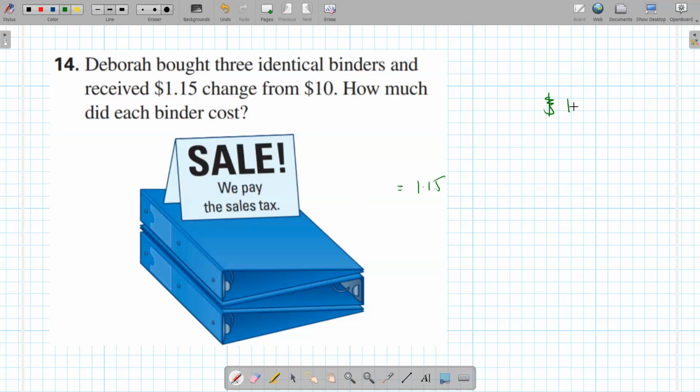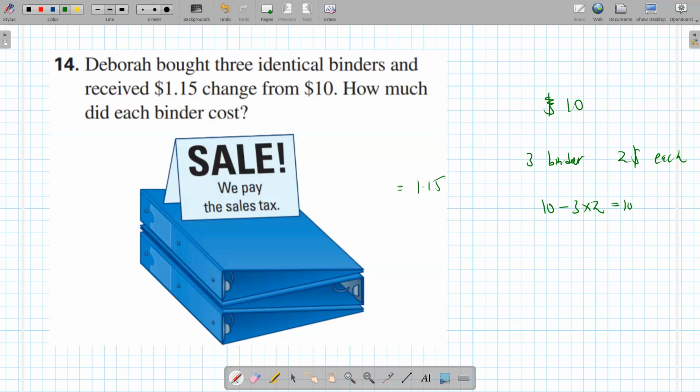If you had $10, okay, you bought 3 binders worth $2 each. How much do you have left? $4. 10 minus 3 times 2 is 6, right?